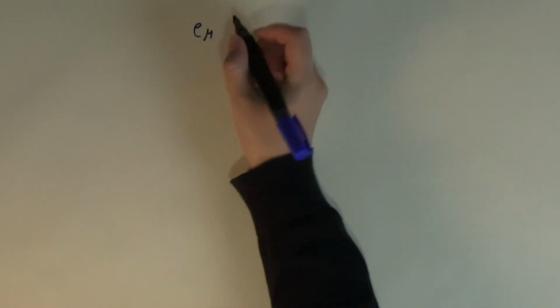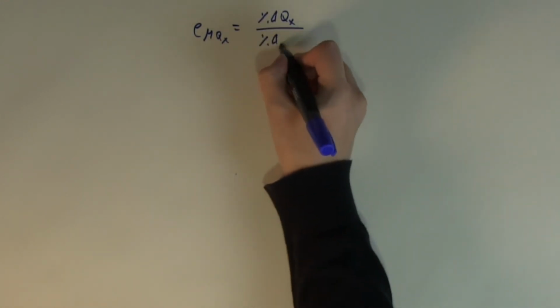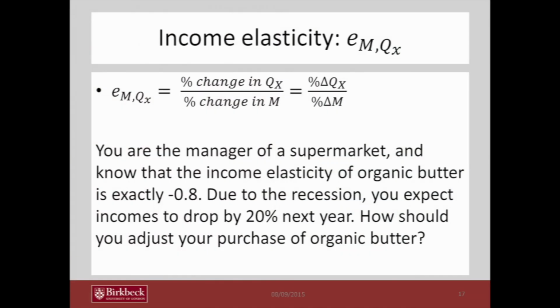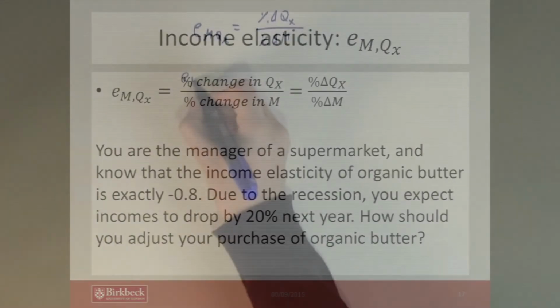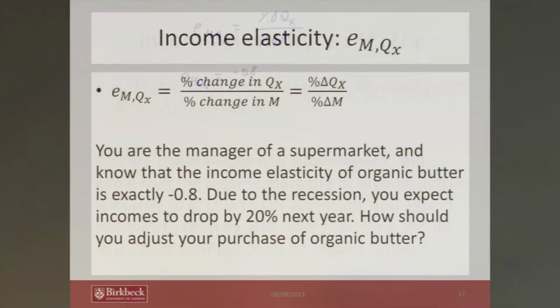Now let's look at the last example in elasticity, and this one's also an income elasticity question. You are the manager of a supermarket and know that the income elasticity of organic butter is exactly minus 0.8. So EMQX equals minus 0.8.